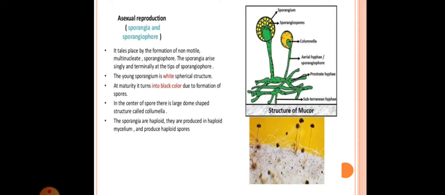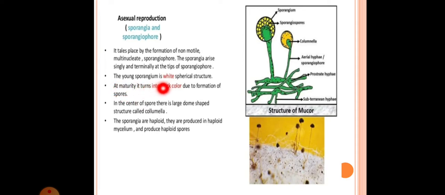Then next is asexual reproduction. Asexual reproduction takes place by sporangia and sporangiophores. Here you can see the structure of mucor. It takes place by the formation of non-motile multinucleate sporangiospores. The sporangia arise singly and terminally at the tip of the sporangiophore.